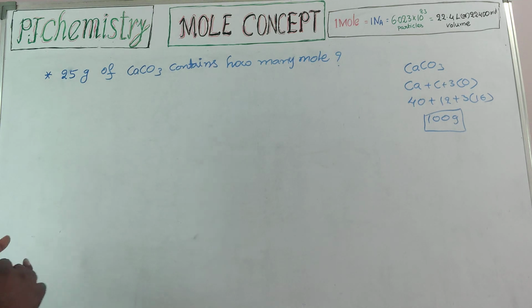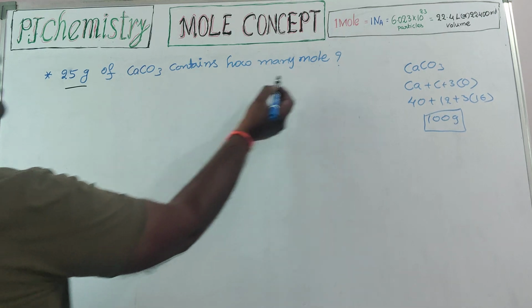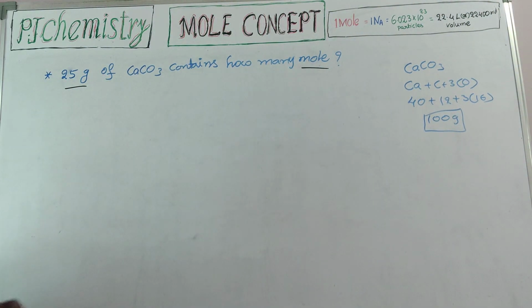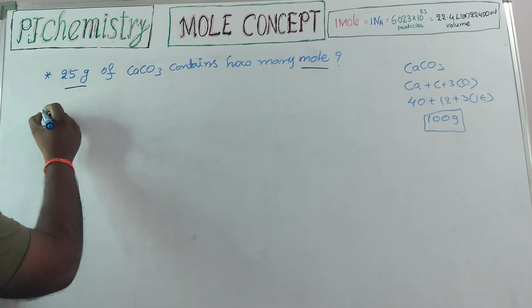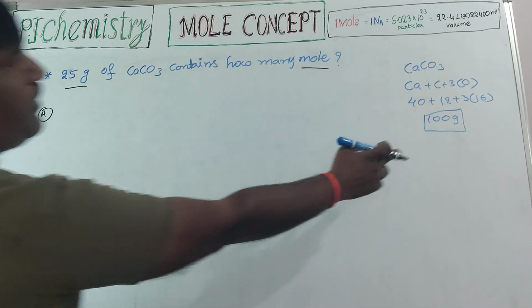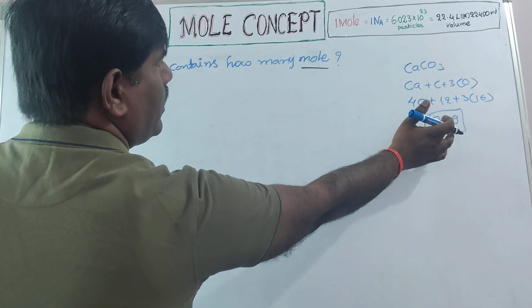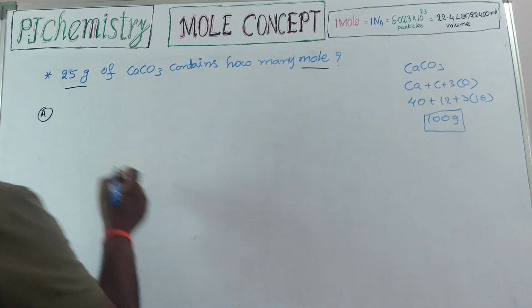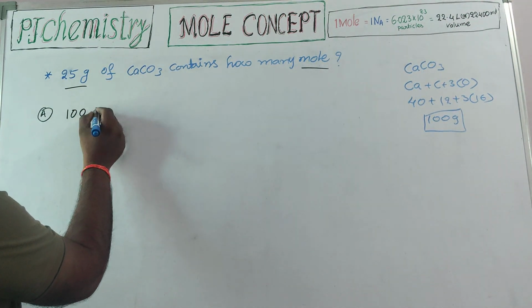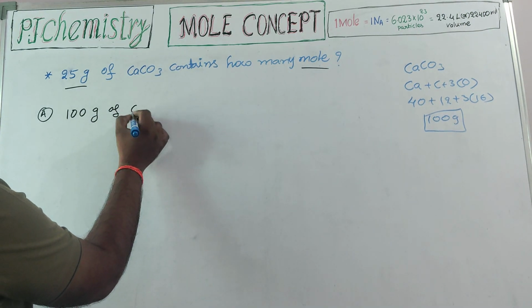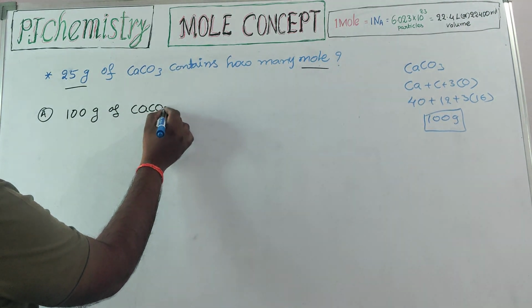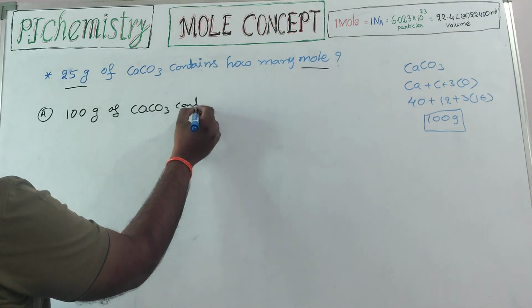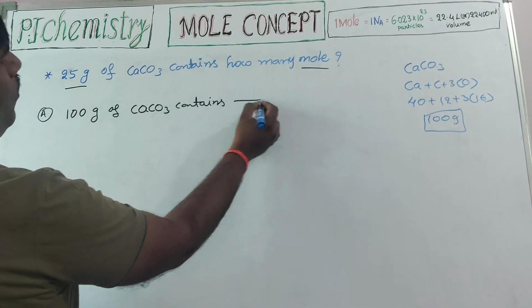Here in the question they gave grams first, next asking to find out moles. So our answer also, first we are going to take in grams. 100 grams of calcium carbonate is nothing but 1 mole of calcium carbonate. 100 grams of CaCO3 contains 1 mole.